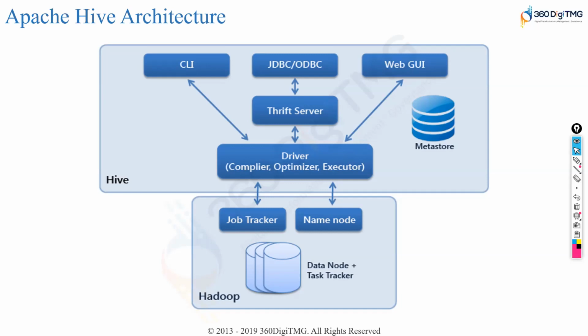Okay, so the thrift server, you can imagine that it is like a third party. Because you use the JDBC already, right, to connect to the Hive. So it's like a third party. See, how do you interact with Hive?